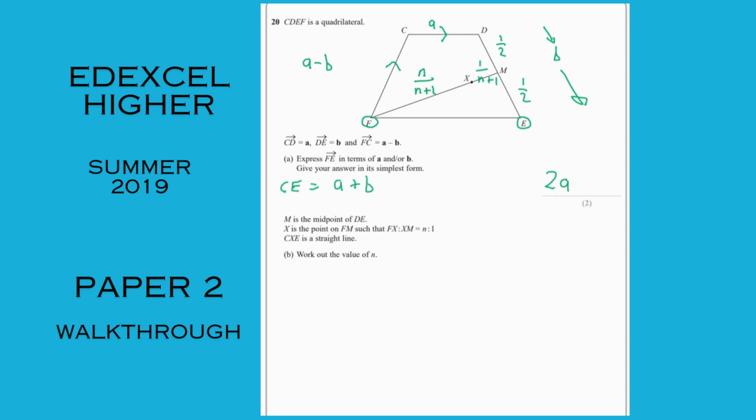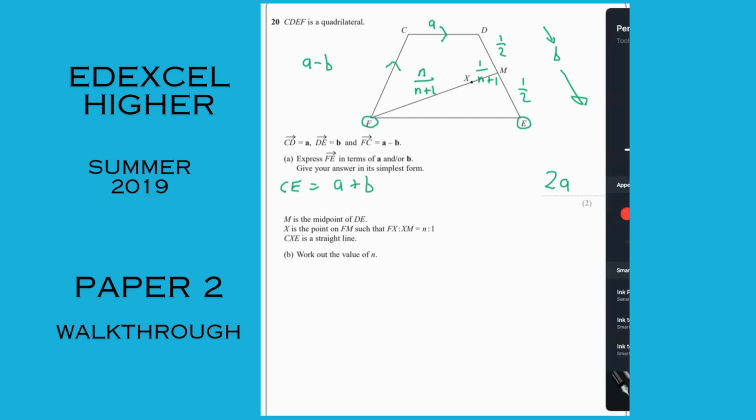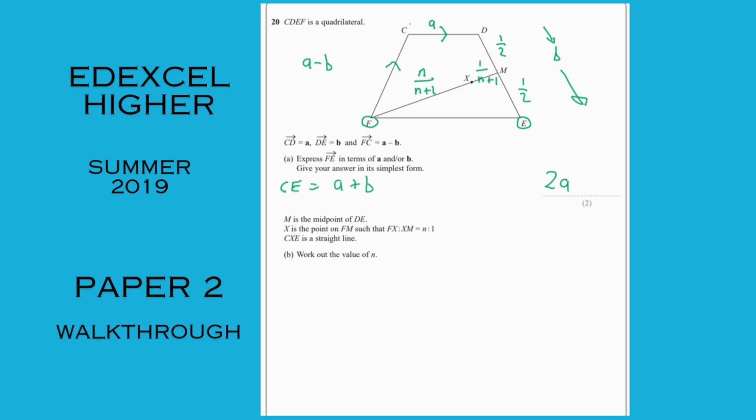But here's the logic, here's the key to this question. To go from C, let's just change colours, going to get a bit complicated. Let's go for a bit of orange. To go from C to E, notice how the A's and the B's are in proportion. There's one A, there's one B. So to go from C to X, that must also be the case.